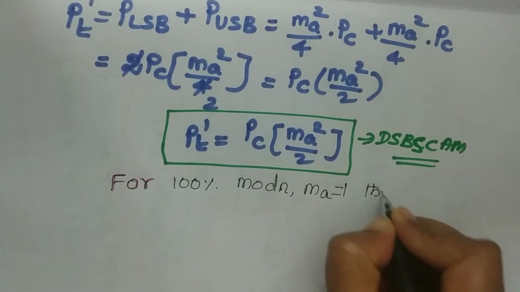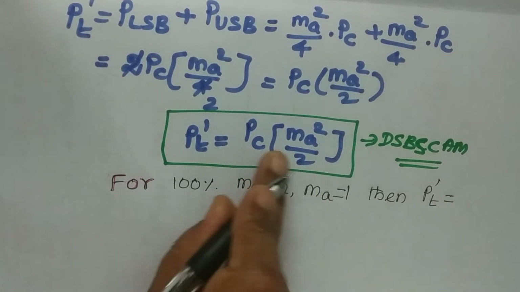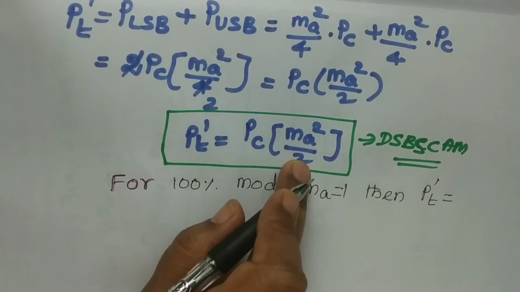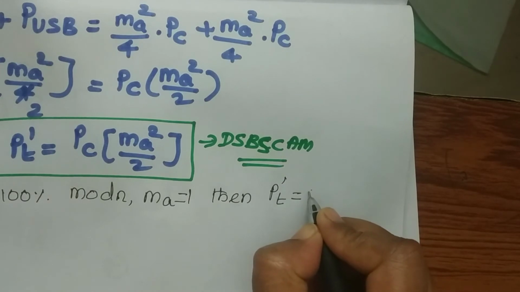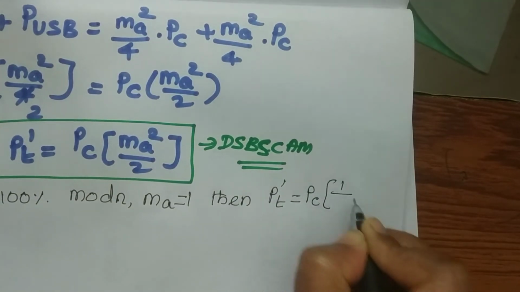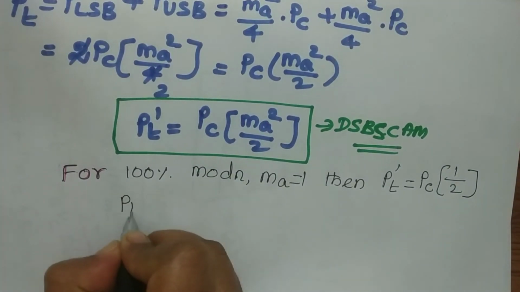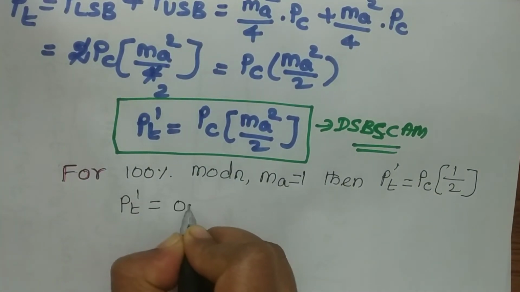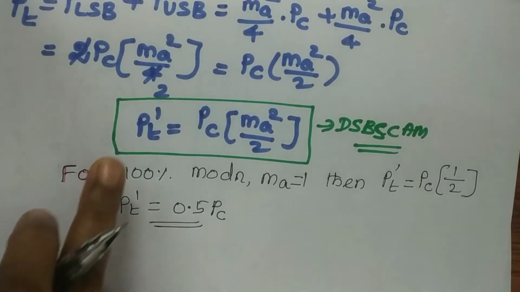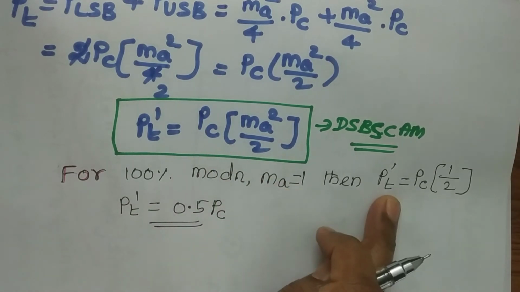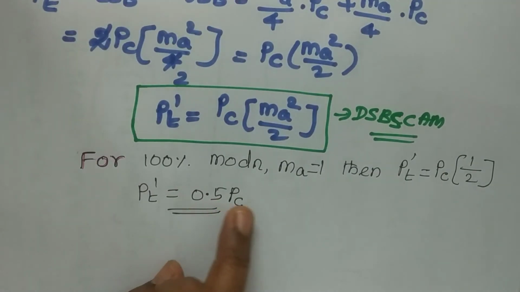Therefore, the total power, PT dash, with MA is 1, is 1 by 2, which is 0.5, isn't it? Total power is PC into MA, with MA equal to 1, therefore total power is 0.5 PC. For 100% modulation, the total power for double sideband suppressed carrier amplitude modulation is 0.5 PC.